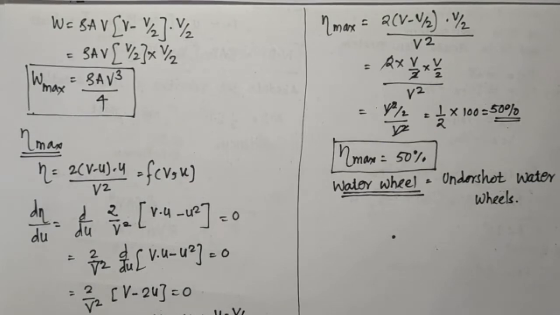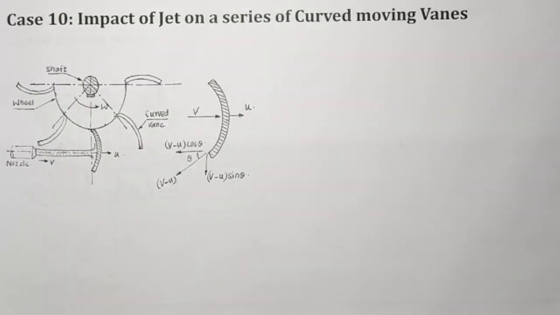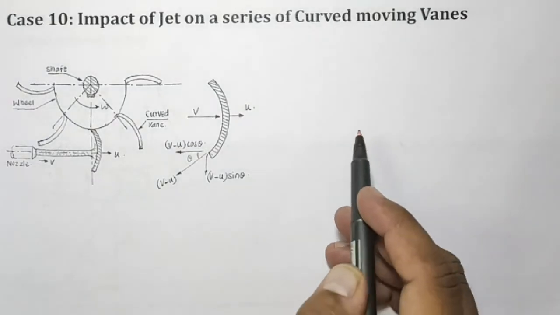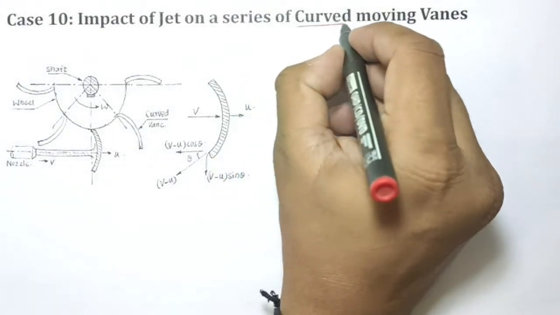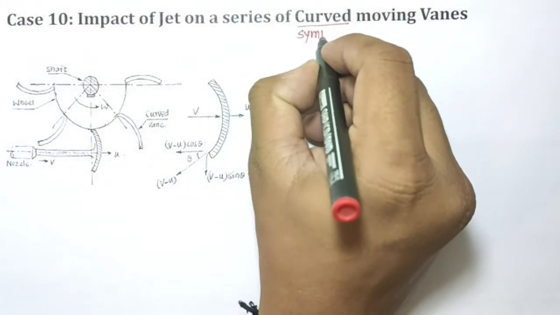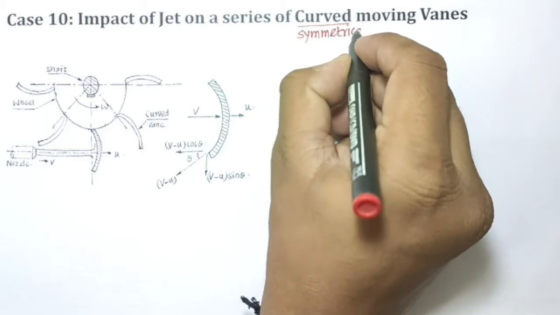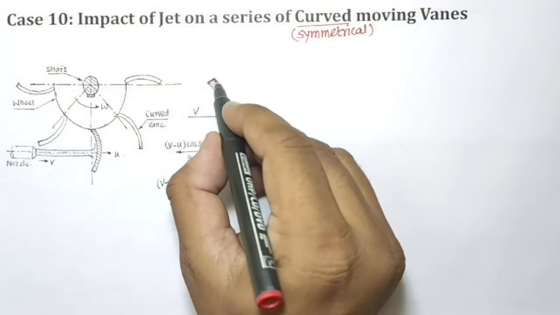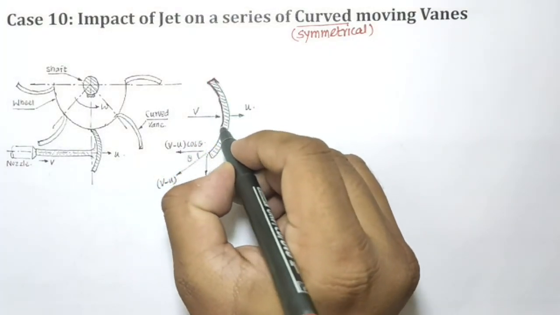Now the next case is the impact of a jet on a series of curved moving vanes. These moving curved vanes are symmetric. Here is a diagram of that curved vane.